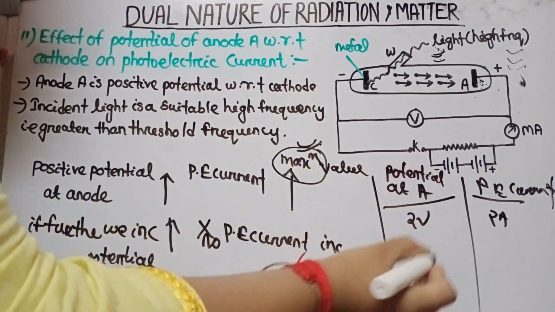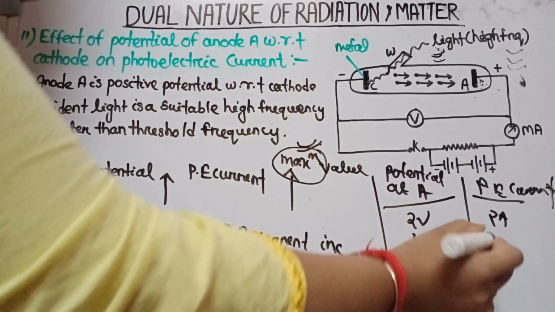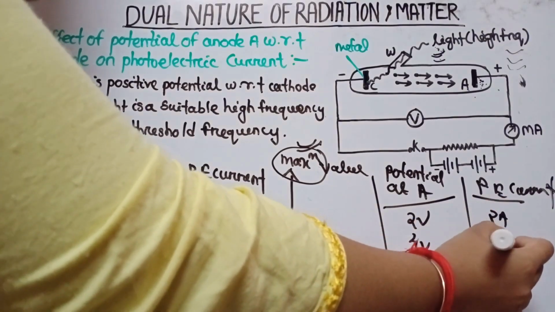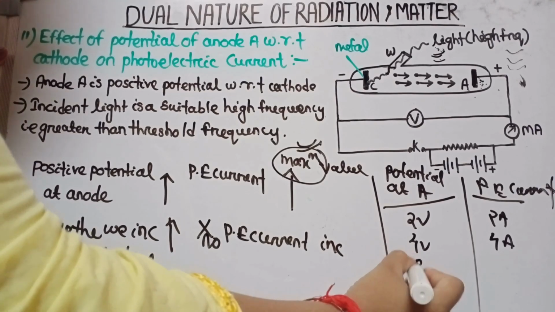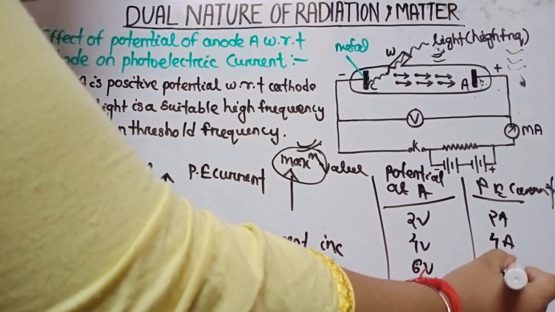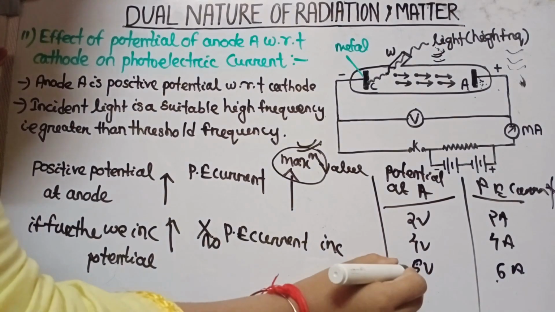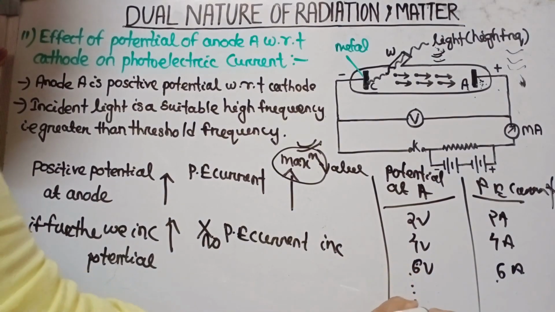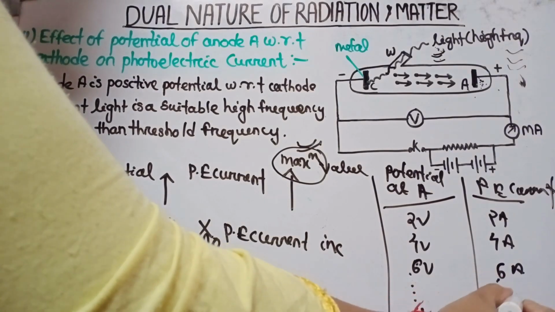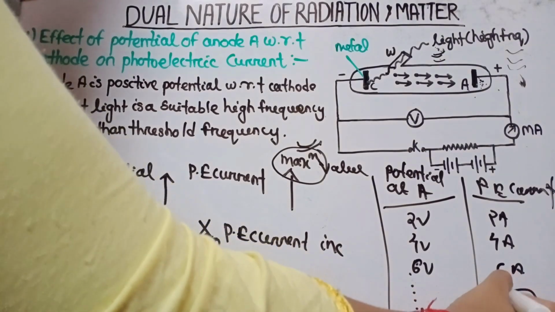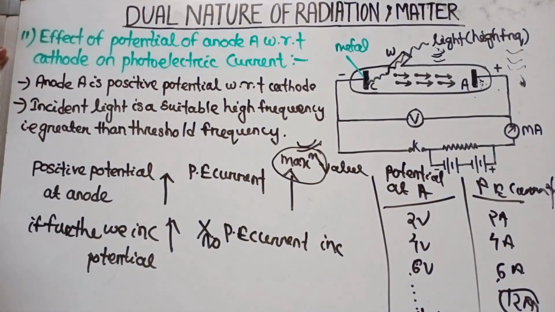Next, if you increase the potential to 4 volt, the photoelectric current is 4 ampere. Next, at 6 volt, the photoelectric current is 6 ampere. Gradually increasing the potential up to 12 volt, the photoelectric current increases to 12 ampere, and that 12 ampere is the maximum value.